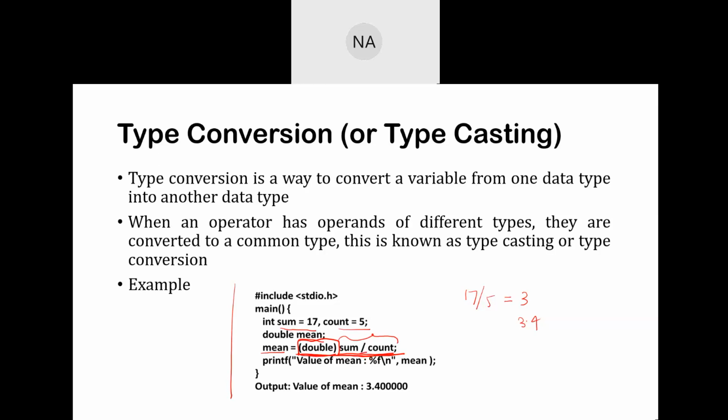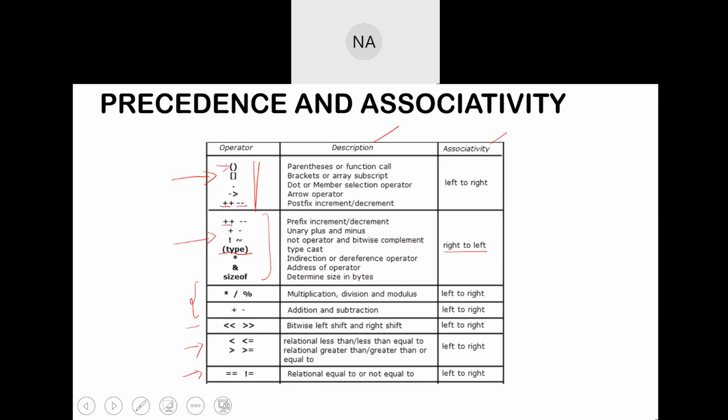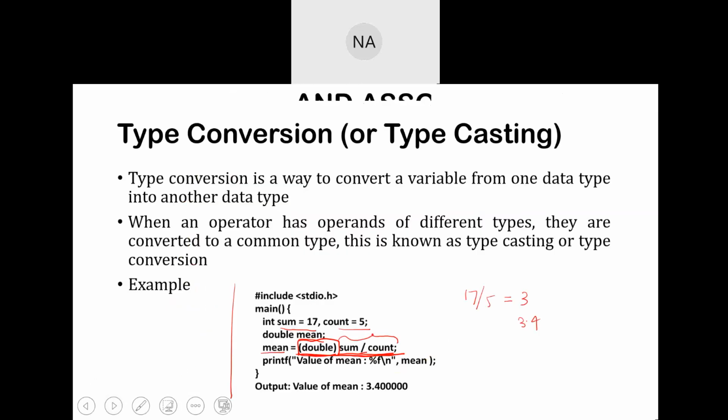When we have multiple operators in an expression, we must use the precedence level. The typecasting operator comes in one group and the division in the next group, so the precedence of typecasting is above the division. First typecasting will be performed and then division.